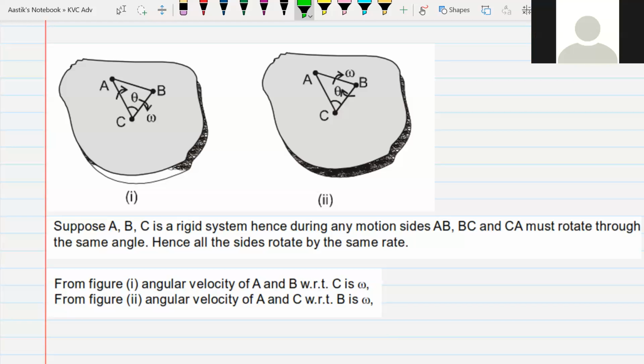I'll give you 2 minutes to note it down. You may not have to note down the entire concept. Just understand what you mean by a rigid body.